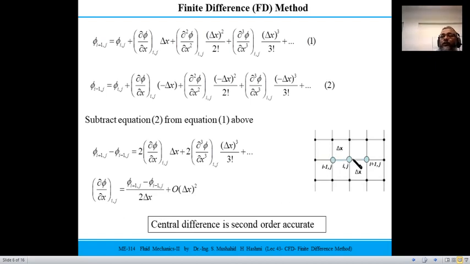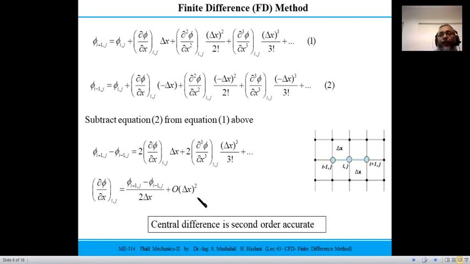So if you need information of the forward point to calculate the first derivative, that is called forward difference. If you need information of the backward point, that is called backward difference. If you need information about both forward and backward points, it is called central difference.